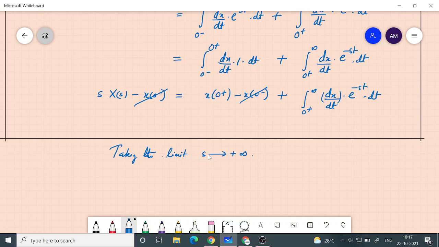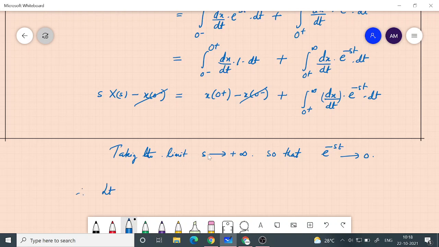So if s is going to plus infinity, e raised to minus st goes to 0. So that means this term will go to 0.